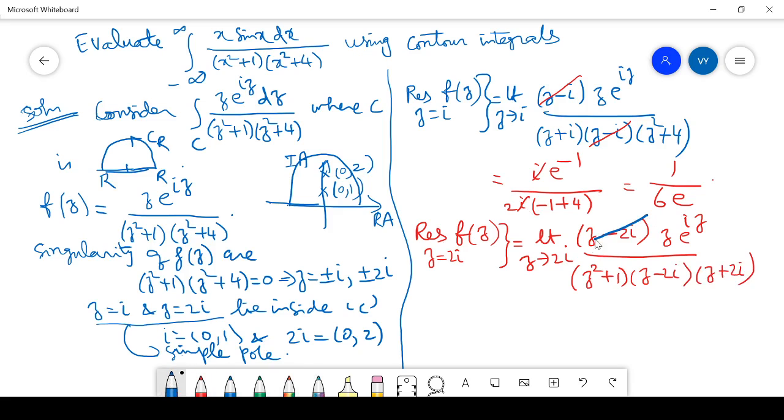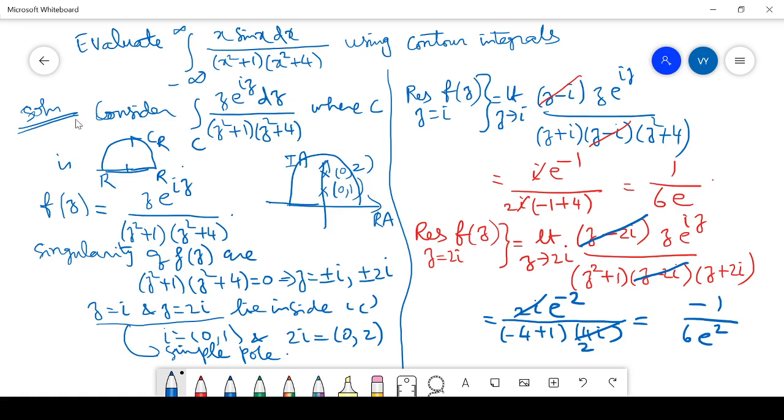Now z minus 2i gets cancelled here, and when I substitute 2i, I will have 2i e power minus 2 by (minus 4 plus 1) into 4i. 2i and 4i get cancelled here, giving you 2. So this will give you minus 1 by 6e squared. So one of the values will be plus 1 by 6e and the other value will be minus 1 by 6e squared.